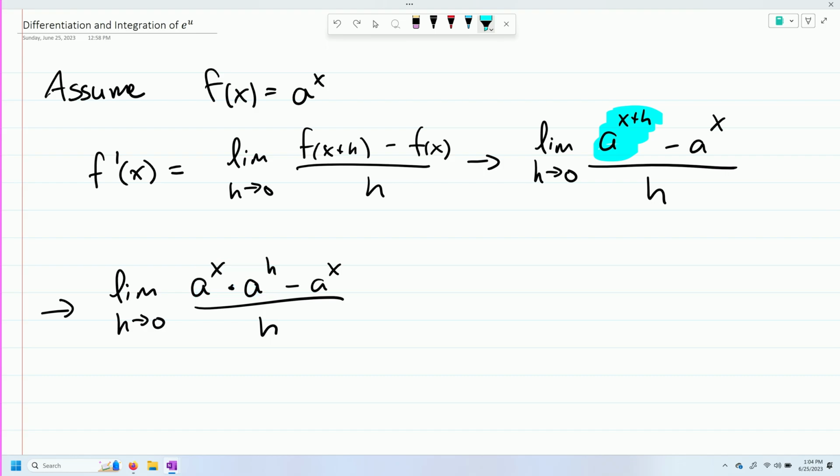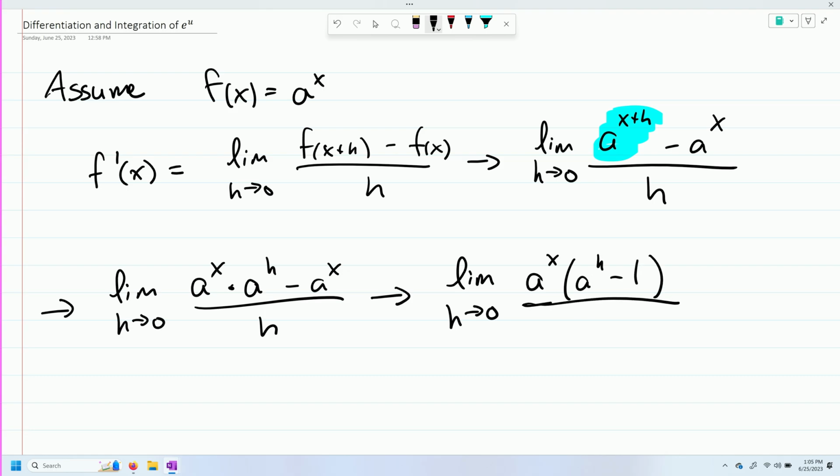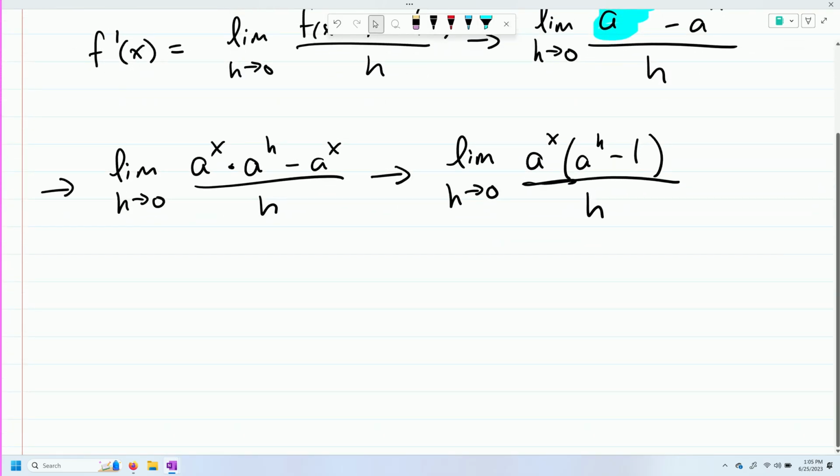All right. And as we keep going here, we can take the limit as h approaches 0 and factor out the a to the x to give us a to the x times the quantity of a to the h minus 1 all over h. Now, this factor right here does not depend on h at all. It's just a to the x.